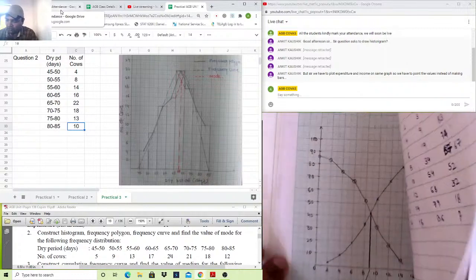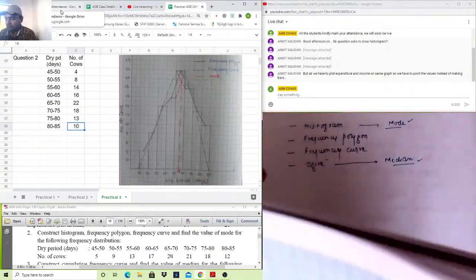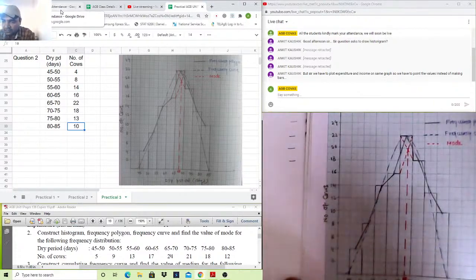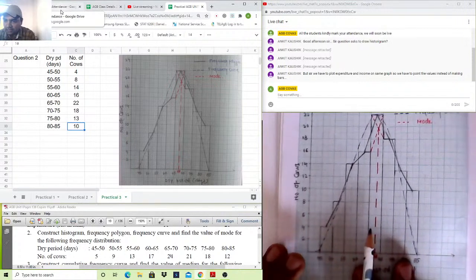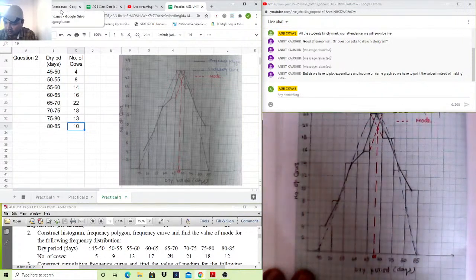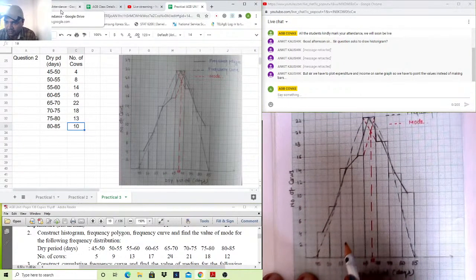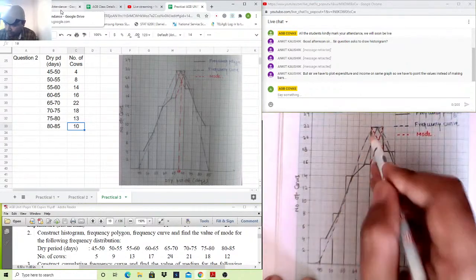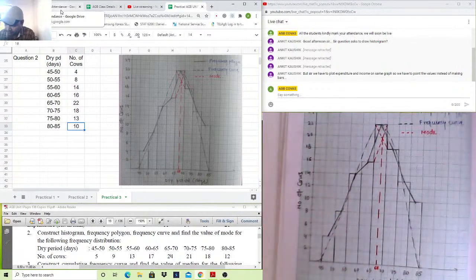I have just drawn this frequency polygon here. You can see here that it starts from this 45, this line, this line, and it goes up.